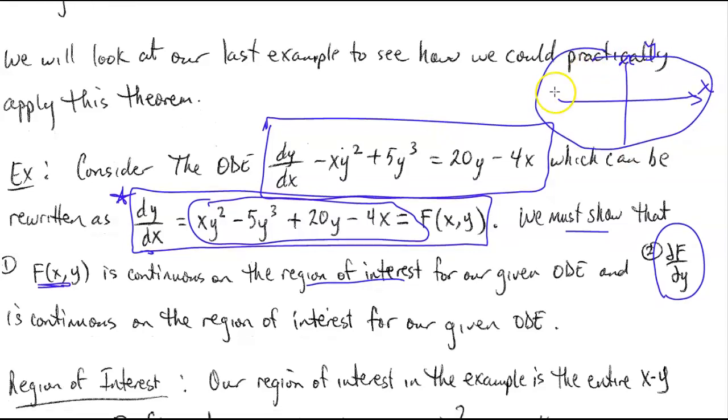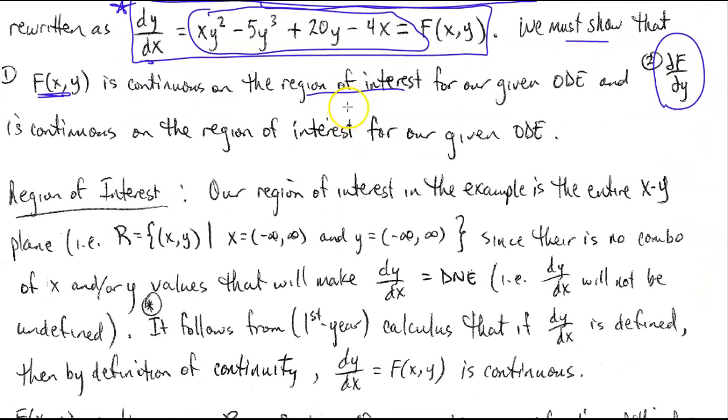Now, for the region of interest, this is the fancy way of basically saying that I'm considering the whole xy plane. And notice that there is no value of x or y that I can plug in here, that's a real number, that will make this expression not be a real number as a result.